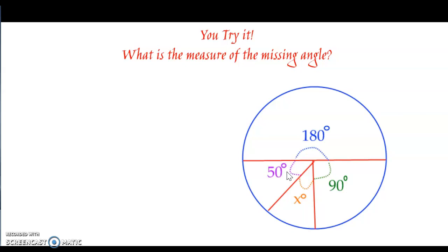This time I want you to try this picture. What is the unknown central angle? Please pause the video and solve it yourself. And here's the answer. x plus 180 plus 50 plus 90 is 360. Therefore, x is 40 degrees.